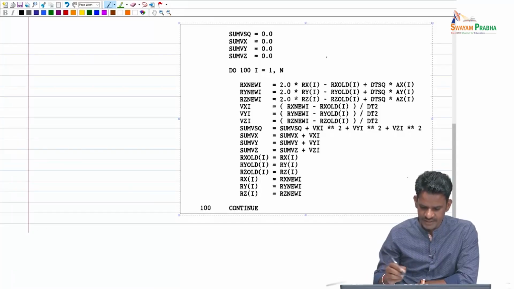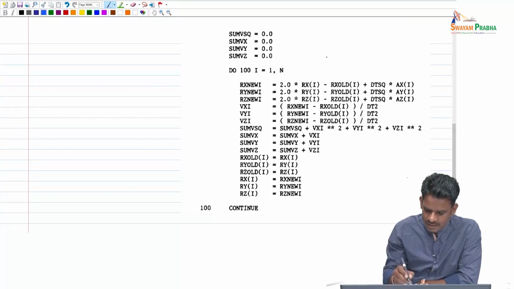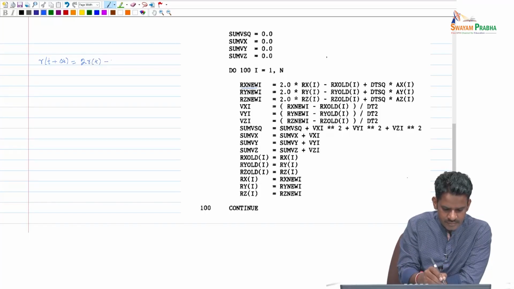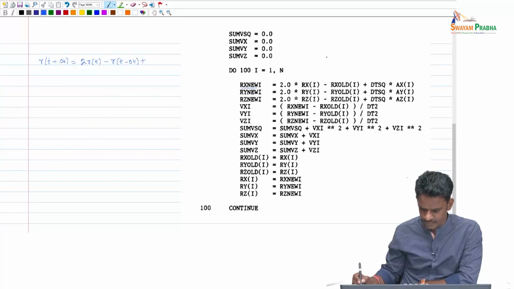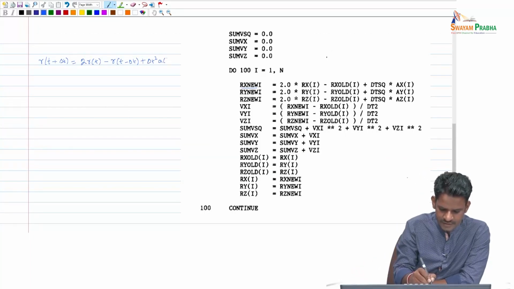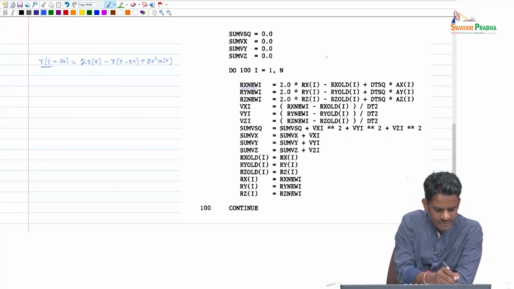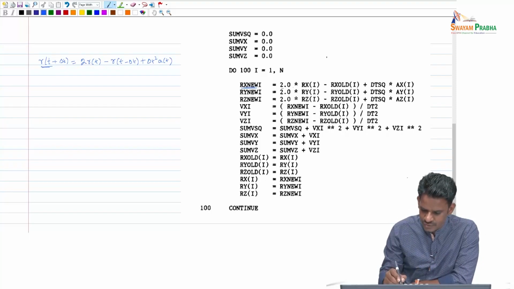So, what we do here is that at any given point of time t, you can see that we are obtaining the new position, that is r at t plus delta t, using the current position and the old position and the current acceleration. So, you can see that is being done here. The new particle position here is stored in a variable called rx new I. This is 2 times the current position.